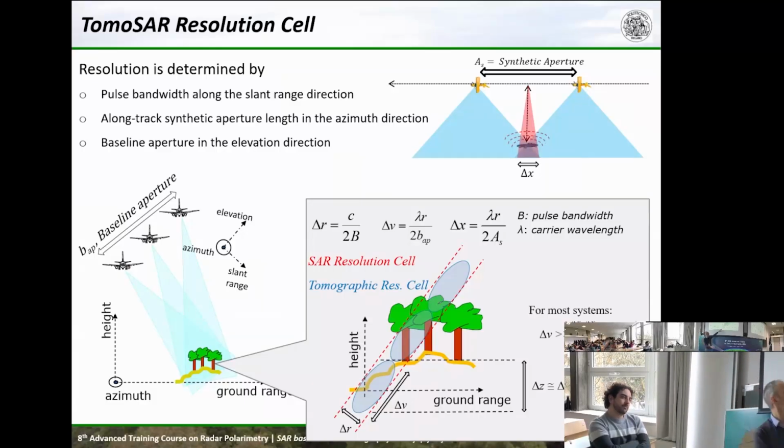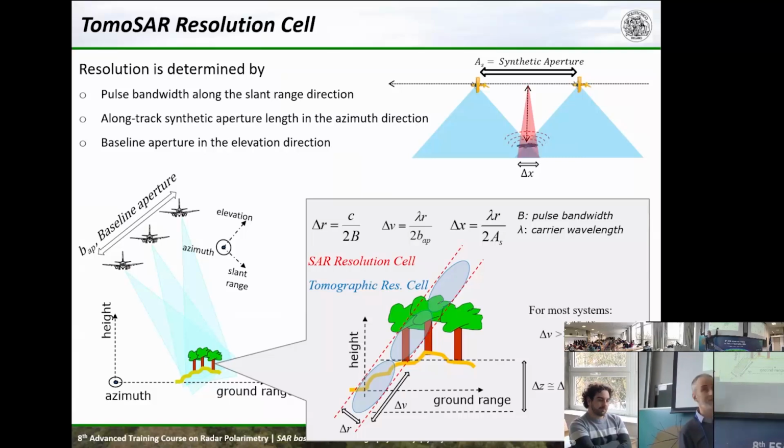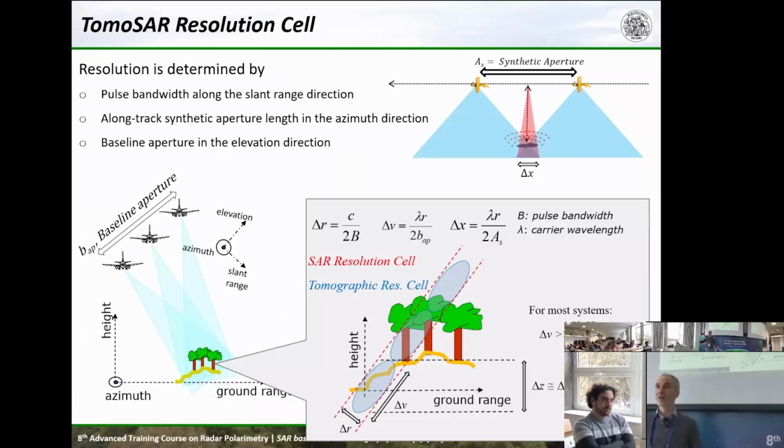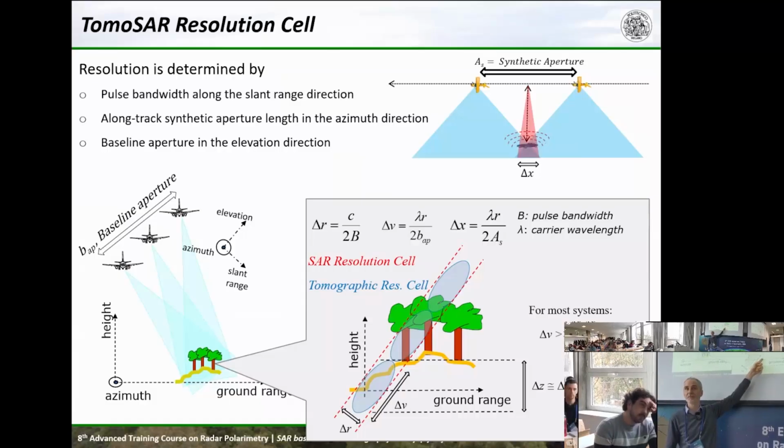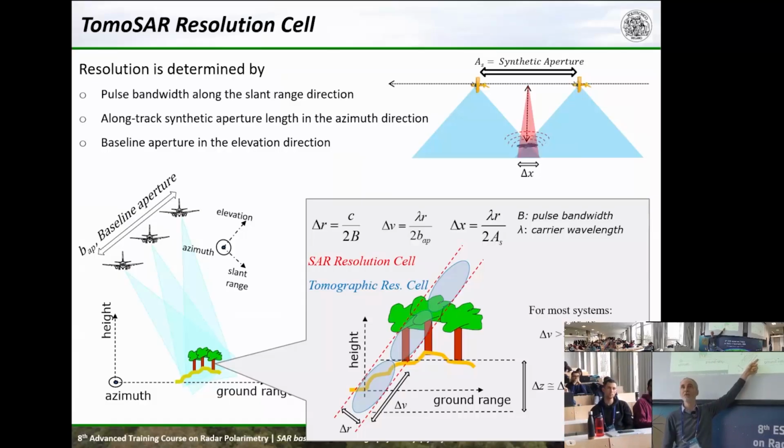And the size of this egg is given by the bandwidth in the range resolution, the synthetic aperture in the along track resolution, and the baseline aperture in the resolution of elevation. So now with this, you can understand exactly what you are looking at.